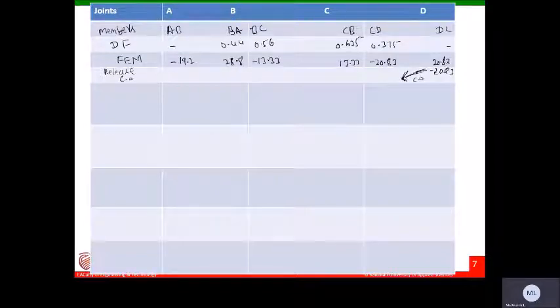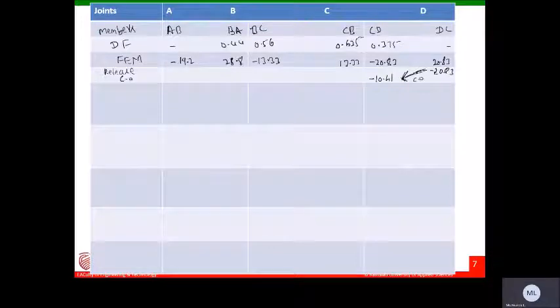Release means plus 20.83, and carry half of the moment to the adjacent support. Minus 20.83 means minus 10.41 will be carried over to the next one.